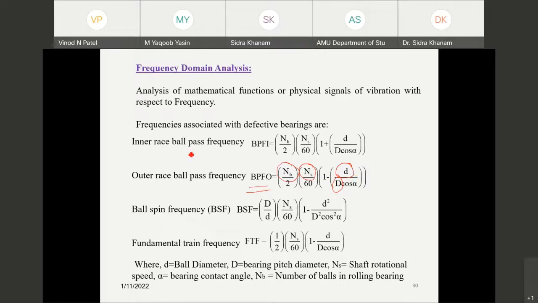In the same way, if the defect is on the inner race, the ball pass frequency of the inner race is provided by this equation. If the defect is on the rolling element, the impulse generated will have a different time period and a different frequency. Similarly, the fundamental train frequency is provided by this equation.